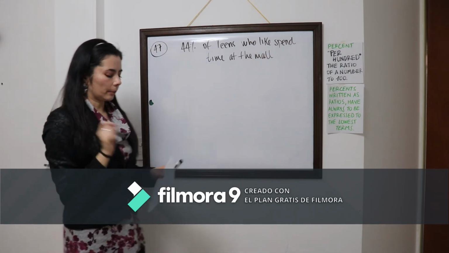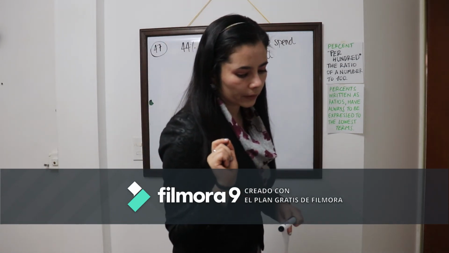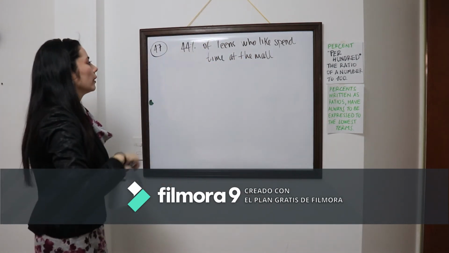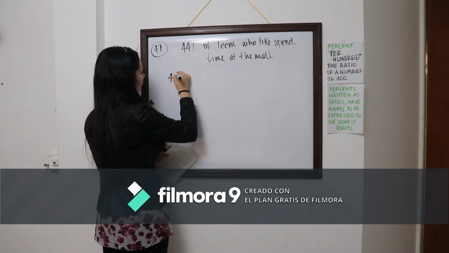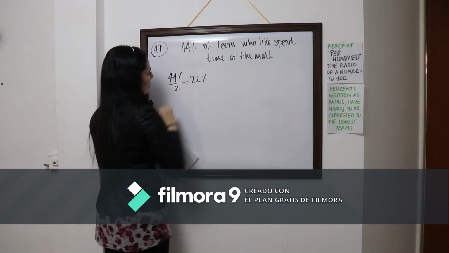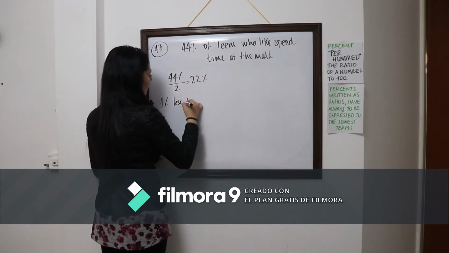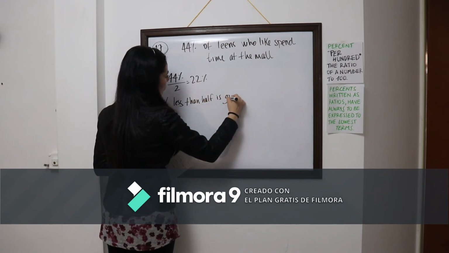Now the problem says that 1% less than half of 44 is girls. So what we need to think about is, okay, how about I get half of this first, right? And then they say that 1% less than half is girls.